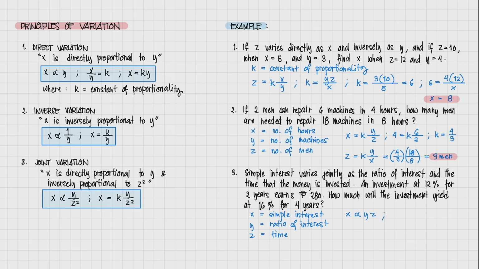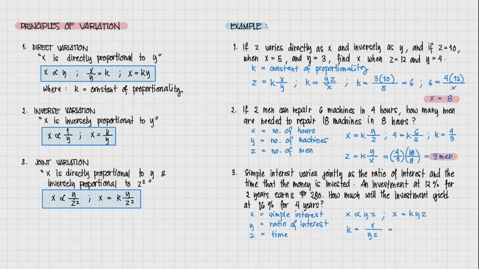From that expression, we could use this formula: X is equal to K times Y times Z, K being our constant of proportionality. From this equation, we could solve for K, which is just equal to X all over Y times Z.